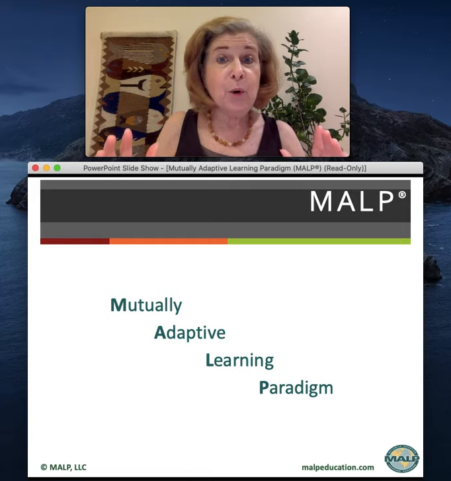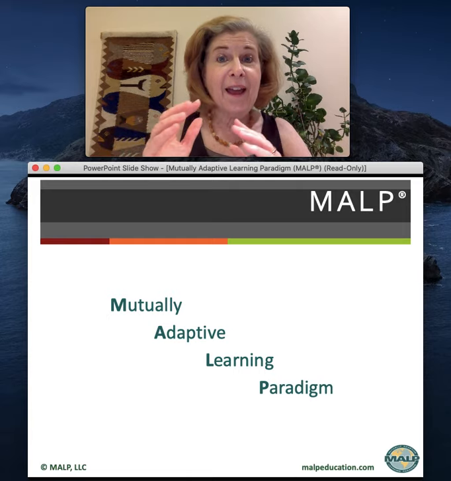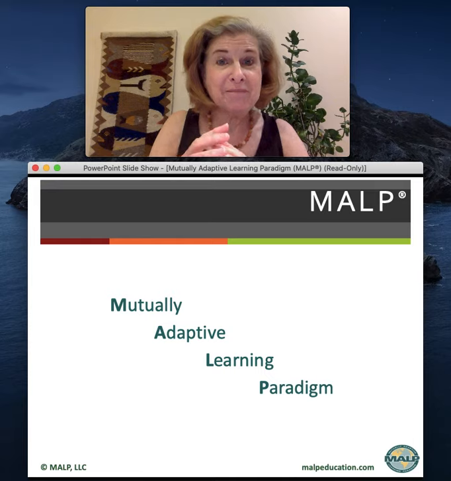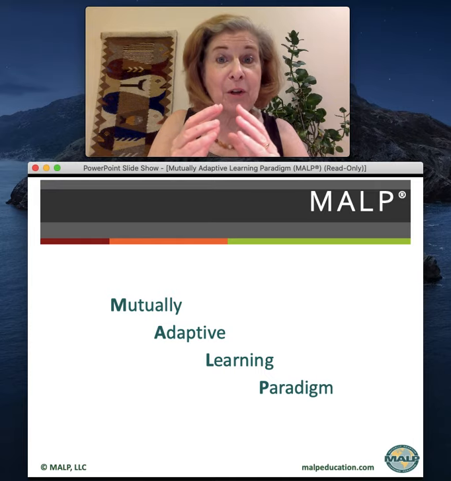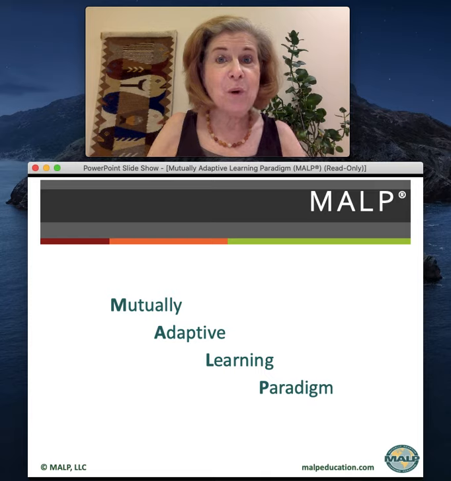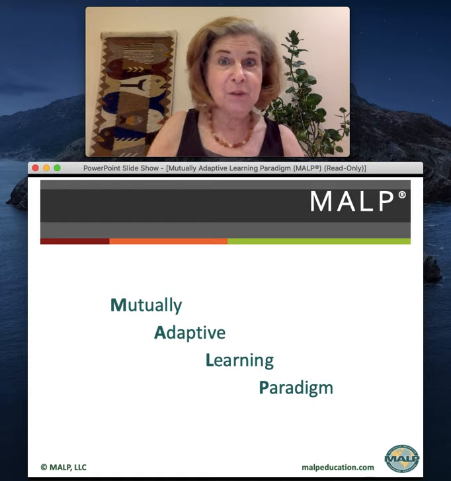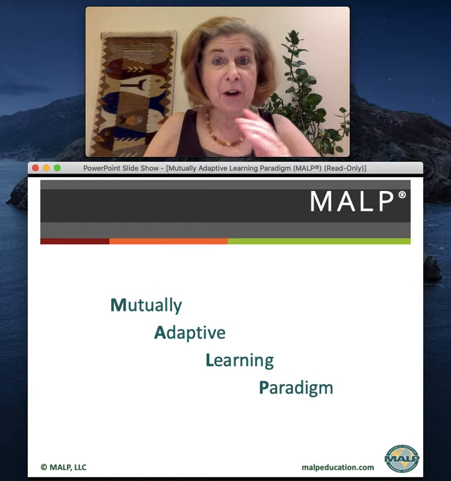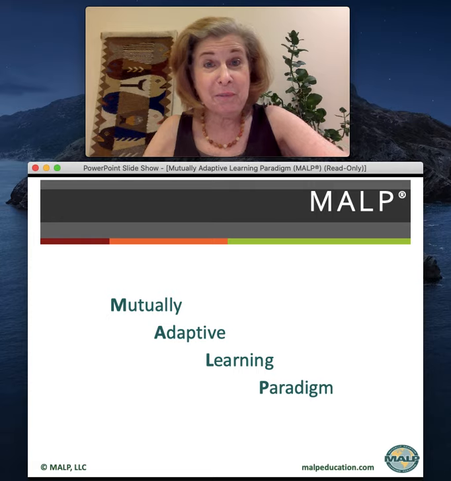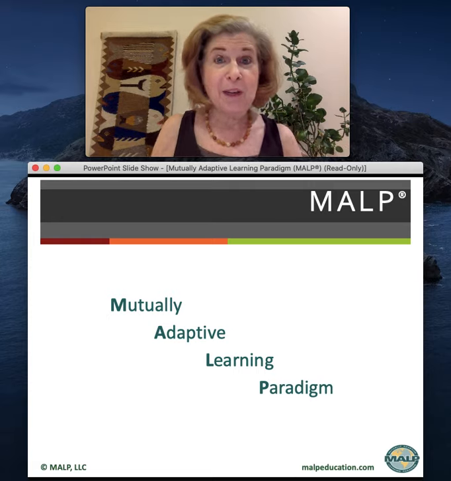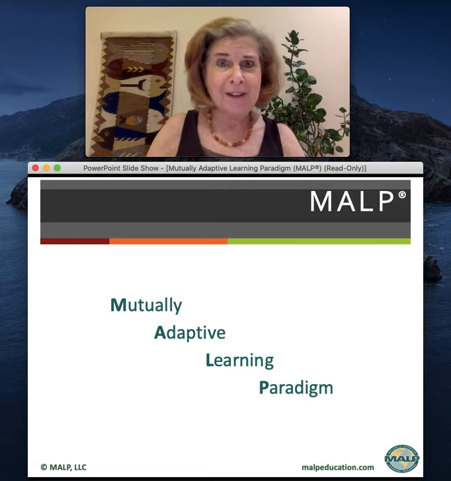But who's shifting? Everybody's shifting. We meet in the middle. And that way, instead of having one group go all the way to the other paradigm or the new paradigm, we ask both. So how does that happen?